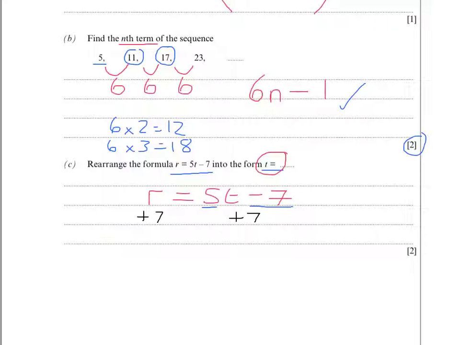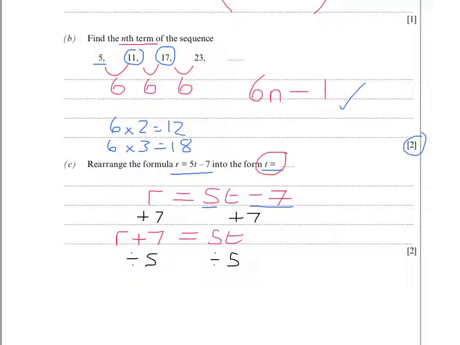So if I do that to both sides, on the left I've got r add 7, and on the right I've just got 5t. And now it's in the way, well, it's a 5 in front of the 5t. What's the 5 do into it? Well, in algebra we know we don't have a multiplication sign, so the 5 is multiplying the t. So the opposite of multiplying by 5 is dividing by 5.